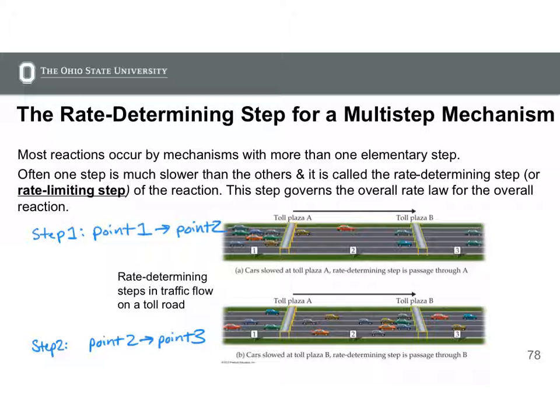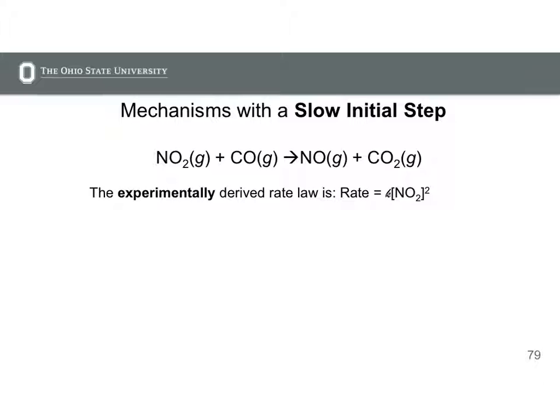For a slow first step, those will get consumed very quickly. I say maybe because we're going to see that there's an equilibrium with the products of a first step, if the first step is fast, and so it may shift back to reactants very quickly. But let's first look at a mechanism with a slow initial step.